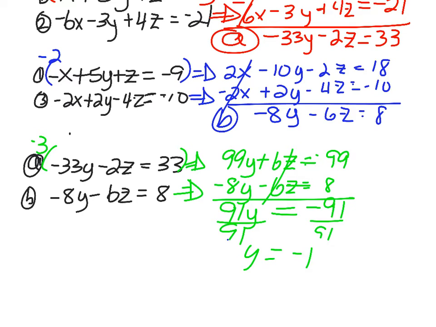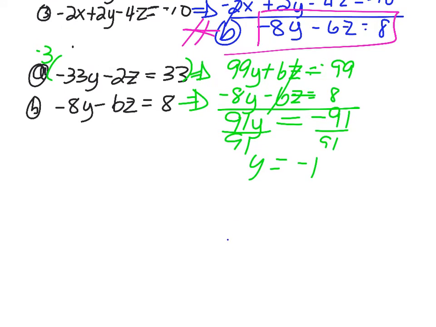All right, so let's find the z value. In order to find the z value, I have to plug it into either A or B. So what I'm going to do is I'm going to plug it into B. All right, so B is negative 8y minus 6z equals 8, and I'm plugging in y is equal to negative 1.